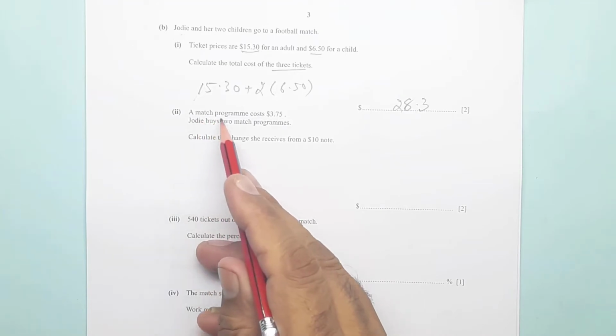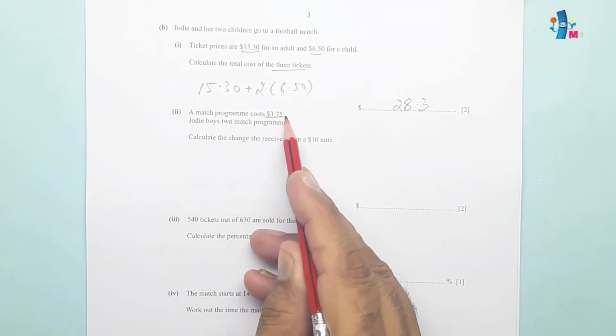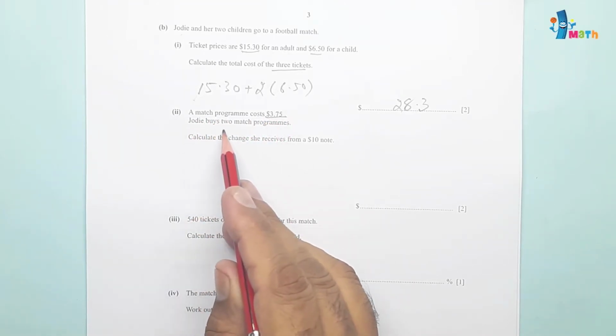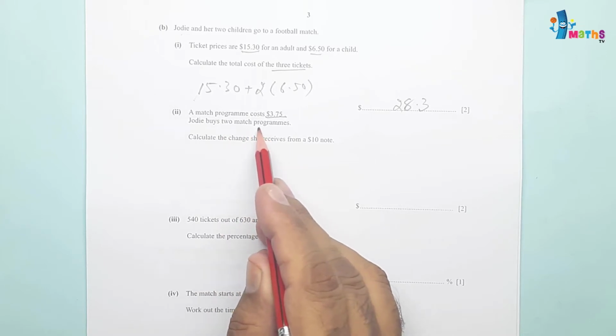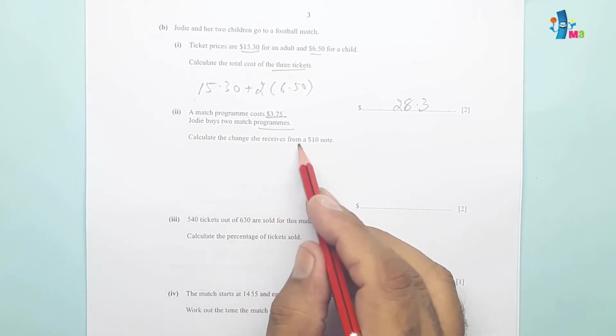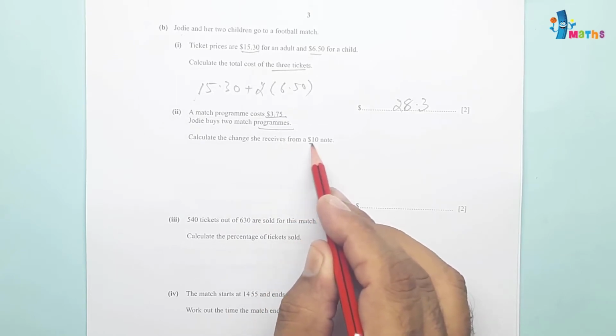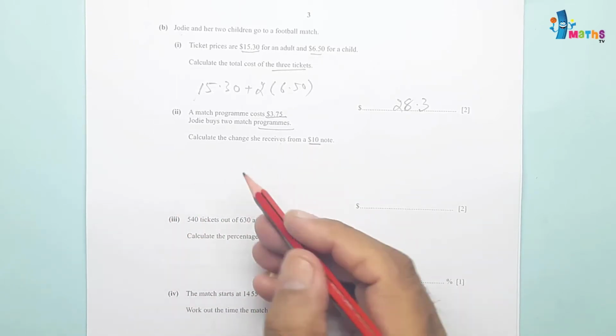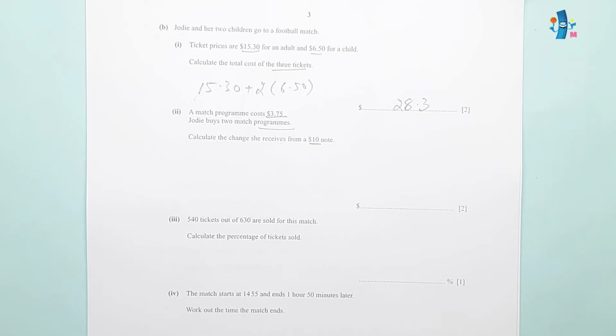Next part, a match program costs 3.75. Jodi buys 2 match programs. Calculate the change she receives from a $10 note.